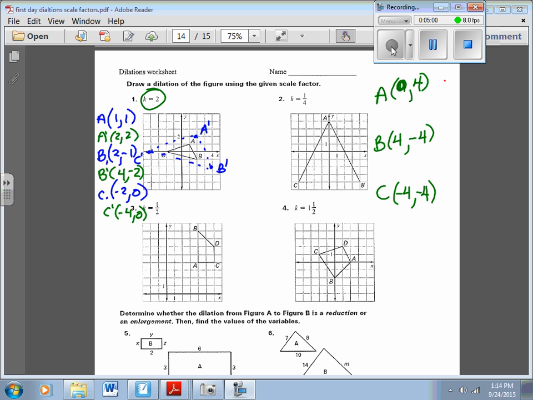As you're finishing number 4, number 2, the coordinates I placed up on the screen for A, B, and C. And of course, the coordinates for A, B, C, and D on number 3.